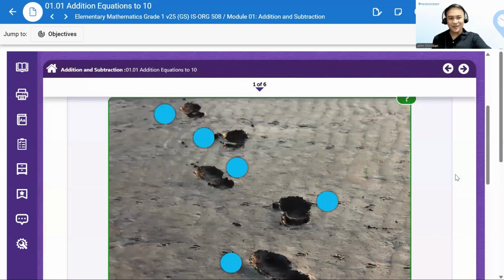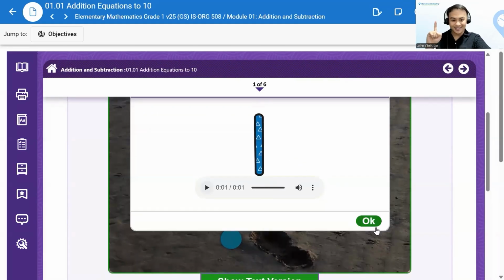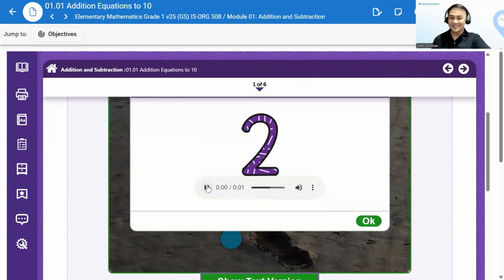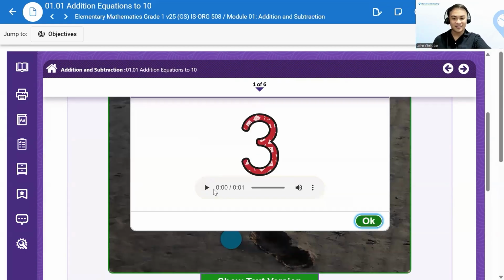To start our new adventure, let's count these footsteps. Can you help me to count these footsteps? How many footsteps can you see in this picture? Let's count together. First, look, we have 1. Can you see another one? There. 2. Very good. Is there any more footsteps? There's more. 3.